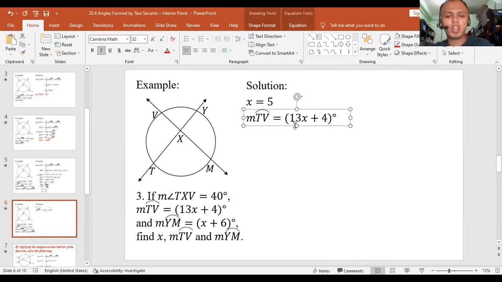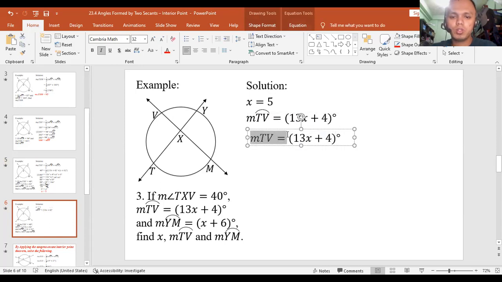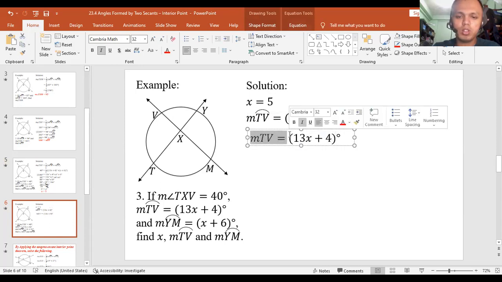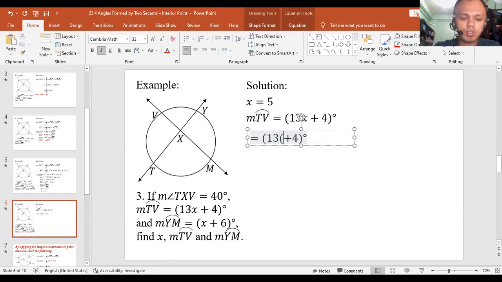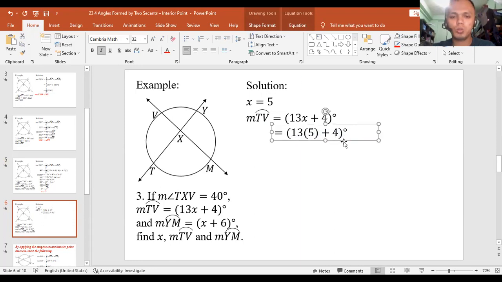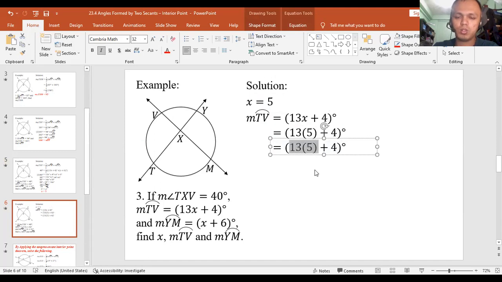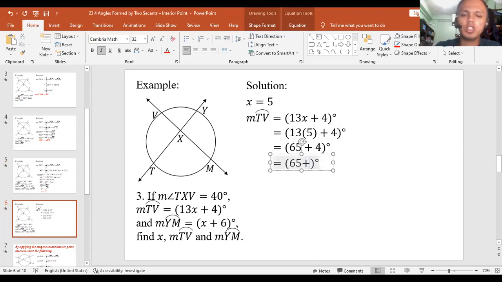Now, substitute your x to 5. So it becomes 13 times 5, which is equal to 65. Then 65 plus 4 is 69.